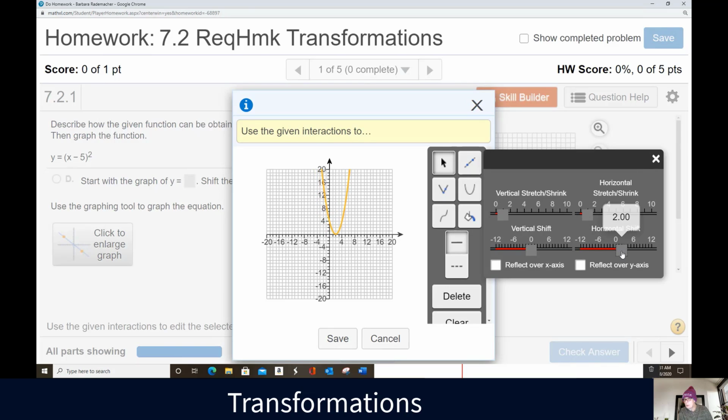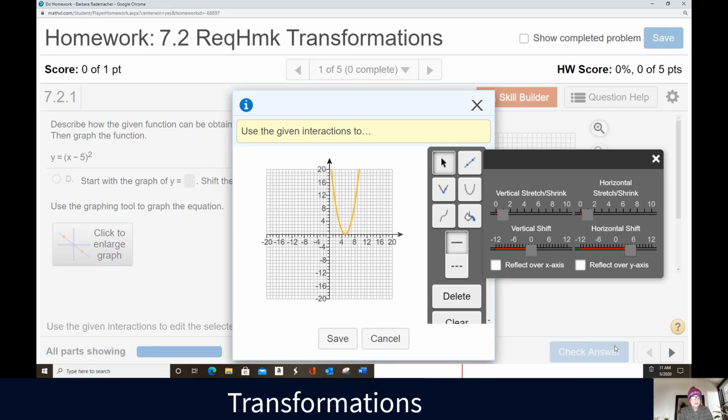So I move to the right where the numbers are positive. If I were going to the left, I would go to -5. But no, this is 5. If you set x minus 5 equal to 0, you would get x equals 5. That's how you come up with the right number when you're dealing horizontally.